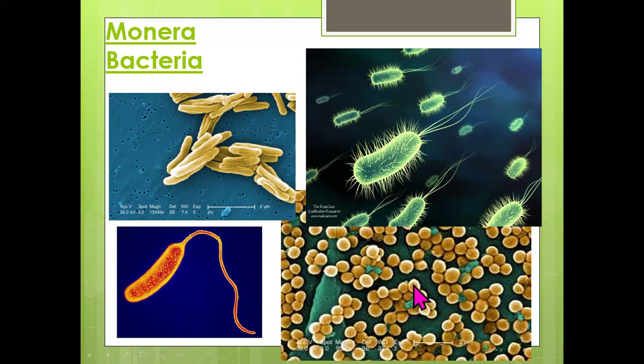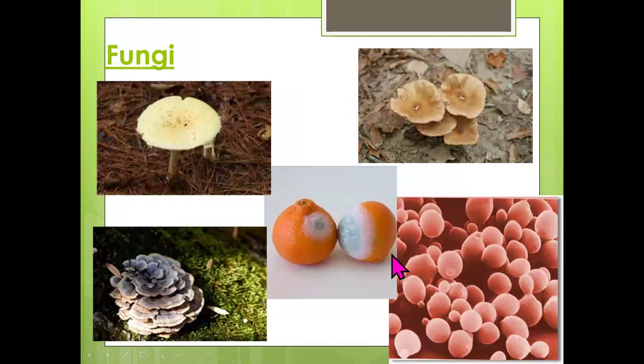We call them coccus, and plural is cocci. We can have bacteria that are rod shaped. We call them bacillus or bacilli in plural form. And we can have those that are in spiral shape. We call them spirilla, and those that have comma shape, we call them vibrio. So these are different shapes of bacteria.